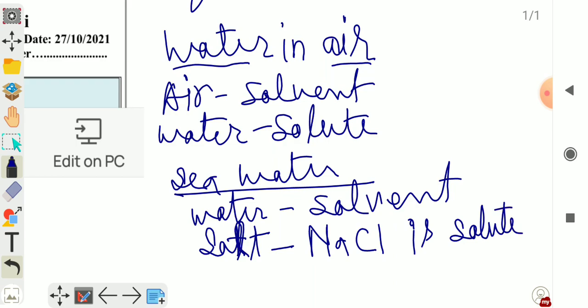So salt is solute and water is solvent, and this is in liquid form.